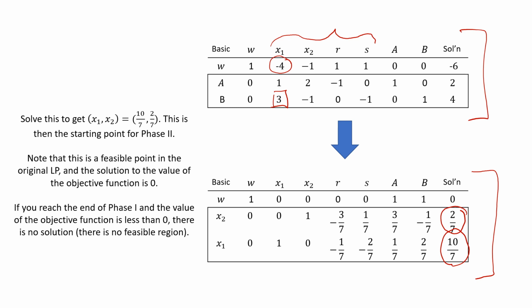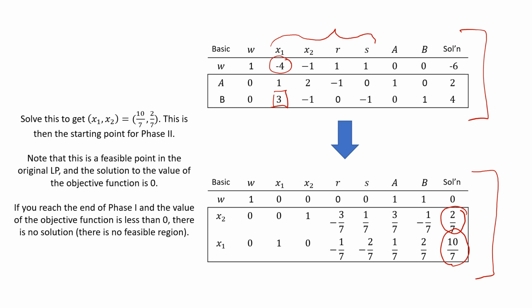This point, x1 equals 10 over 7, x2 equals 2 over 7, r equals 0, s equals 0, A equals 0, B equals 0, is a feasible point back in your original linear program. That's what we need. We now have a point that we can go back to our original linear program, start from that point, and solve our simplex. Let's solve our linear program using our simplex method.